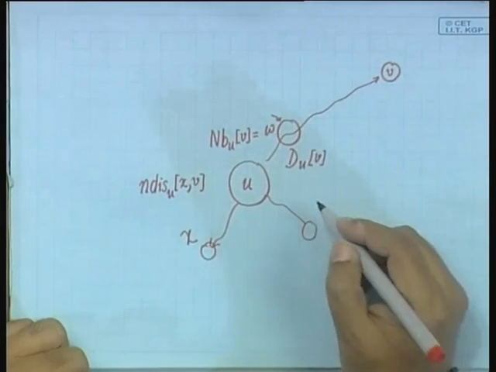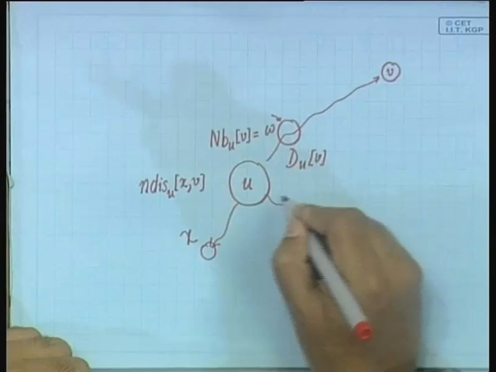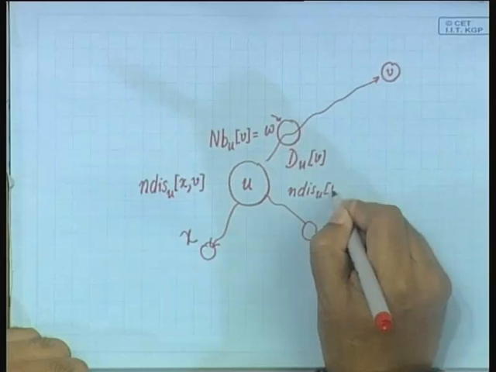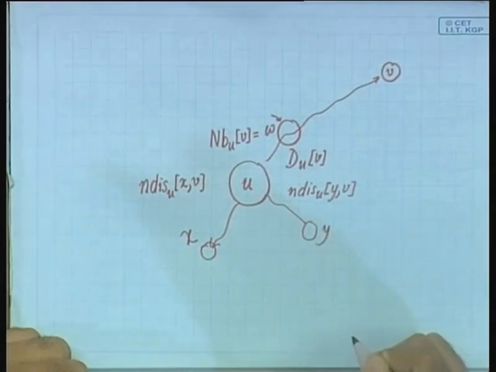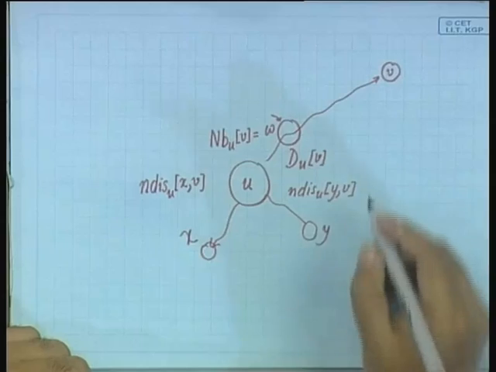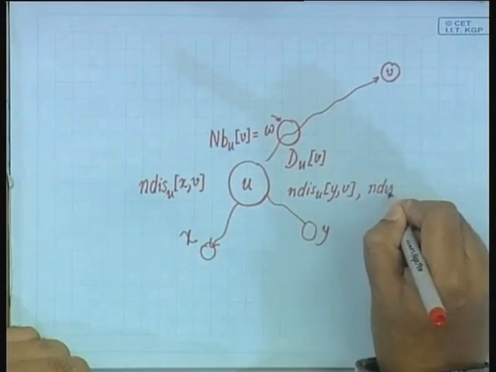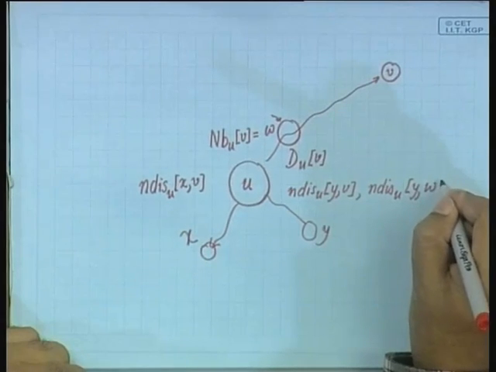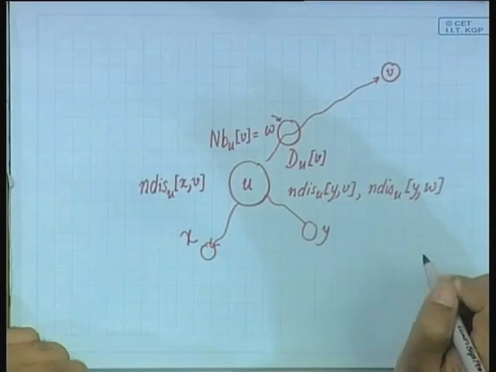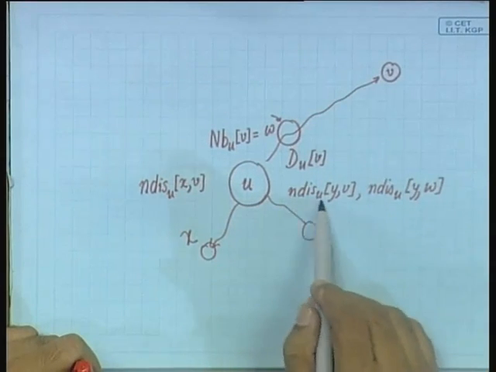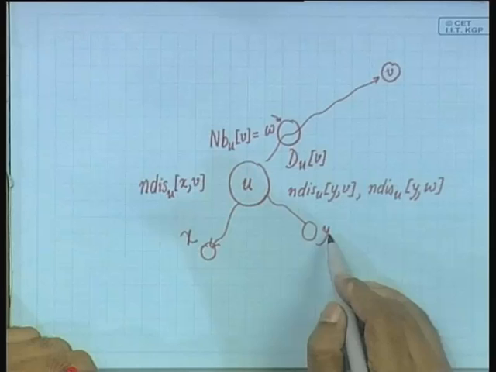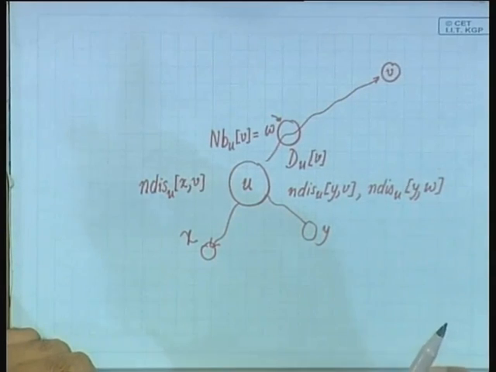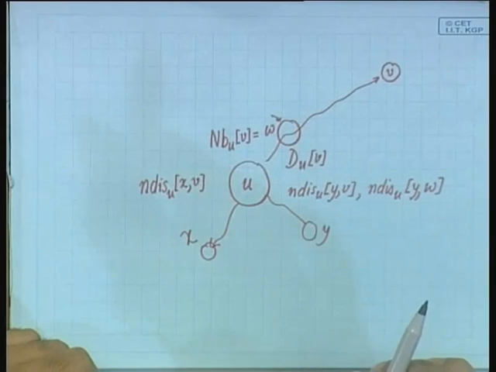Okay. So, what is this actually? This is u's estimate of the table dy. What is dy?